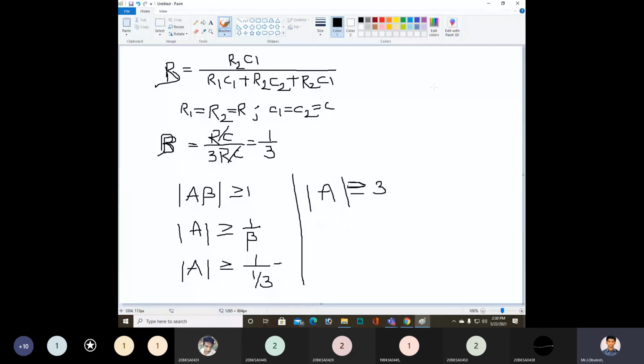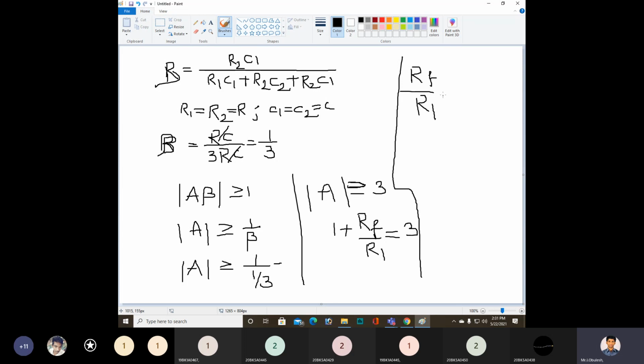Here we know that for a non-inverting operational amplifier, gain is 1 plus RF by R1. RF by R1 is 3 here. First you need to do RF by R1, R1 equals to 2.